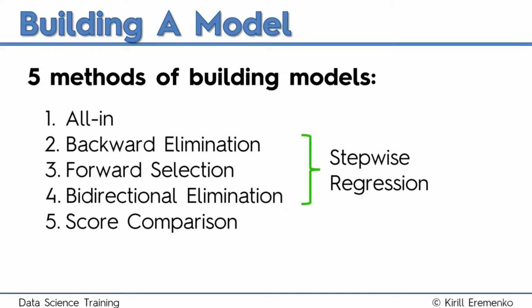That's normal. As you'll see from what we discuss, bidirectional elimination is kind of the more general approach. And when people say stepwise regression, they kind of by default imply that it's bidirectional elimination, and you have to infer it from there. Okay, so let's move on to our methods.